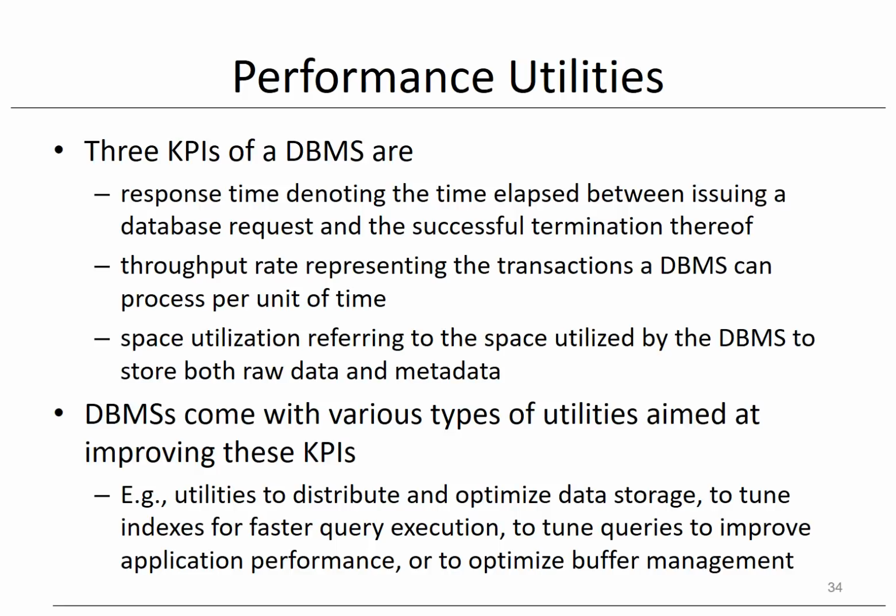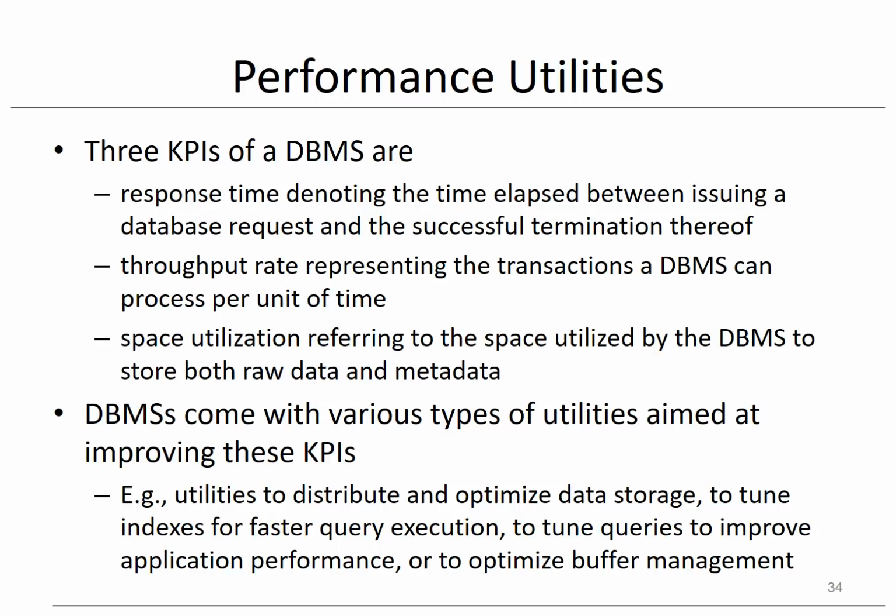Three key performance indicators, KPIs, of a DBMS are the response time, the throughput rate, and the space utilization. The response time denotes the time elapsed between issuing a database request, such as a query or update instruction, and a successful termination thereof.